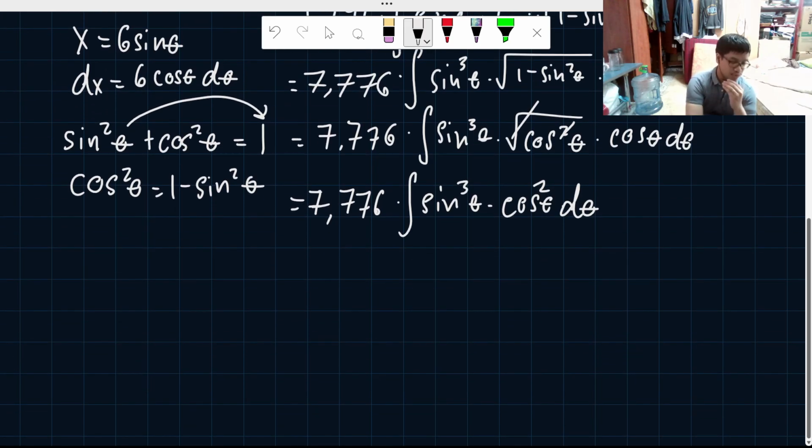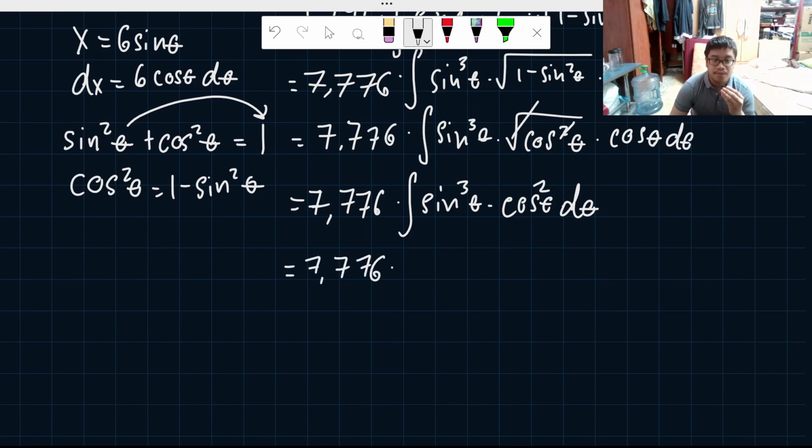So what are we going to do? We will now integrate. In this given problem, I will reduce this sine cubed theta into two factors, where one is reduced by an exponent of 2.